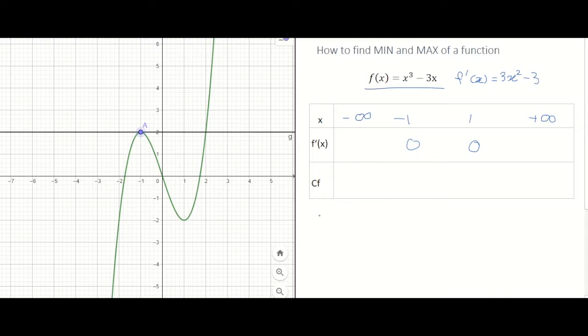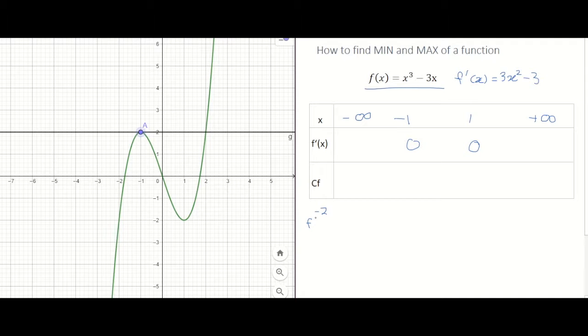Now that we have found the x values for the turning points, we need to determine which one is the minimum and which one is the maximum. And to do this, we have to consider the sign around the f prime. So I'm going to take minus 2, plug it in to the equation of f prime of x.